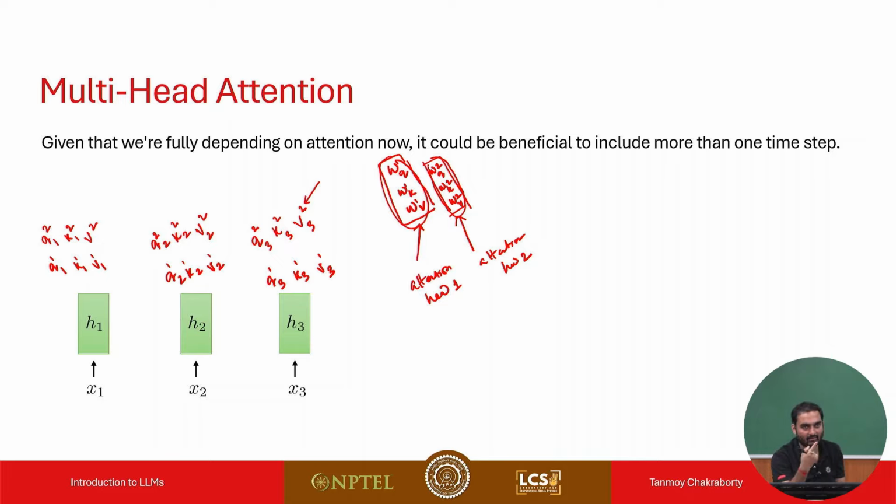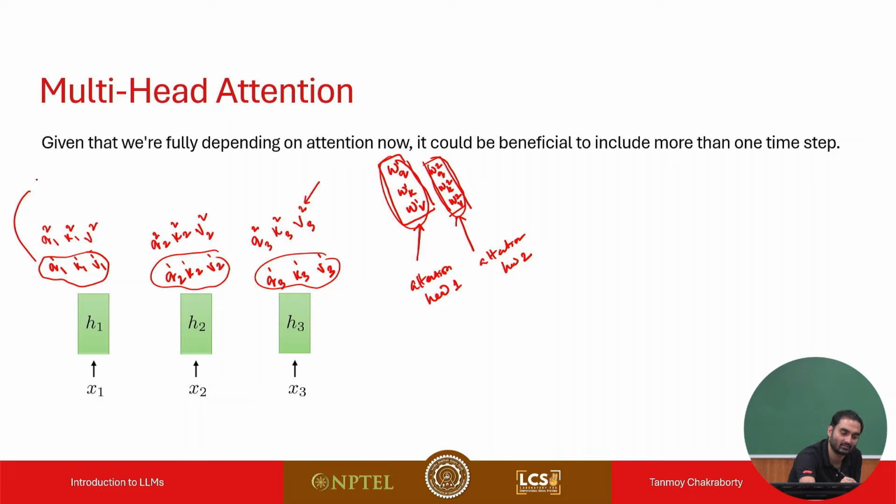Through each of these attention heads, you generate an attention vector. So through one attention head, you generate one attention vector. This will be processed through another attention head. Through attention head 1, you process all these things the way we discussed earlier, and it produces an attention vector, let's say A11.